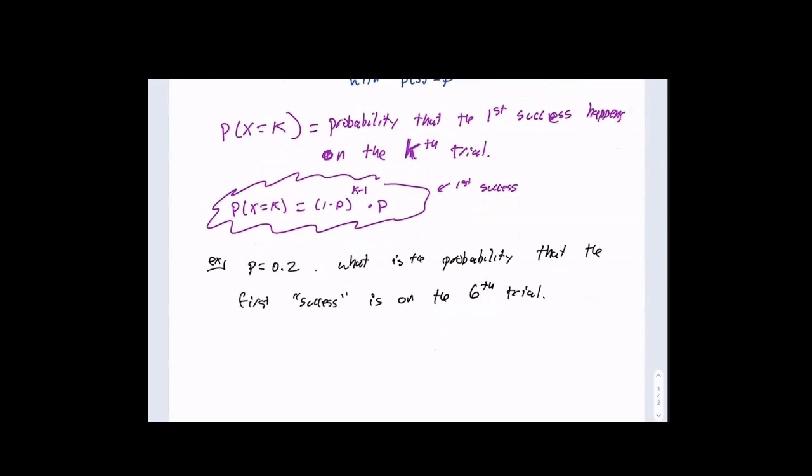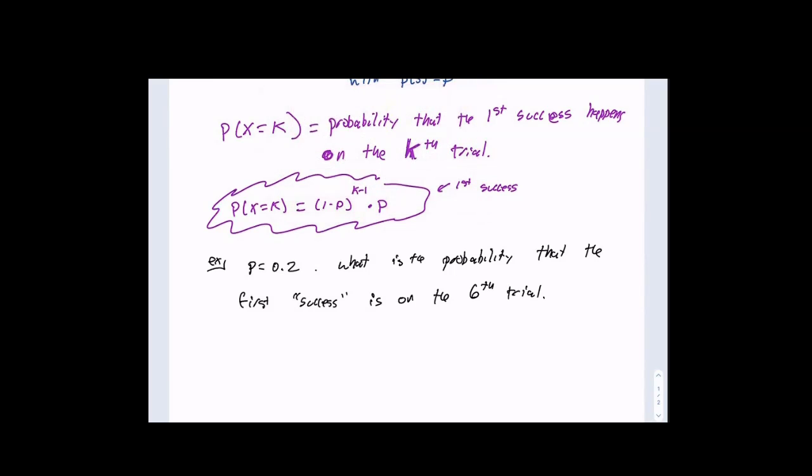Now, you could remember that this is geometric and there are shortcuts around doing it. But for the most part, what I want you to do is utilize the notation.